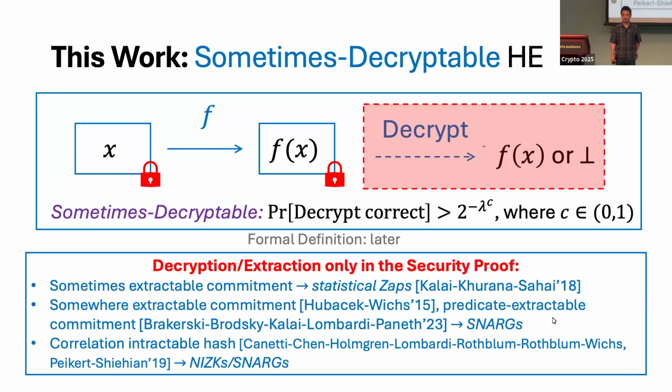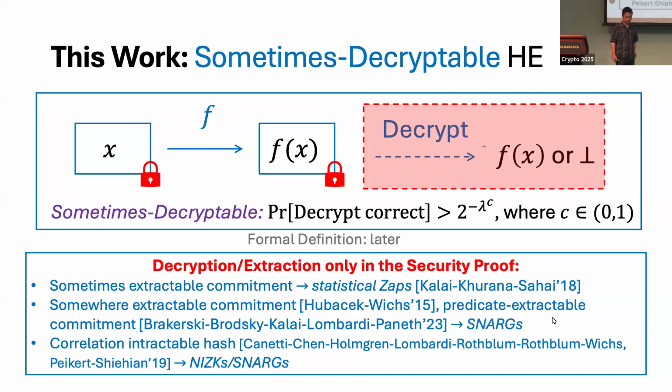Indeed, previously, such an idea was already used to construct cryptographic proofs. For example, in the construction of statistical zap arguments, the construction uses sometimes decryptable, sometimes extractable commitment, where the extraction correctness of the commitment scheme is only used to prove the soundness of the statistical zap arguments.